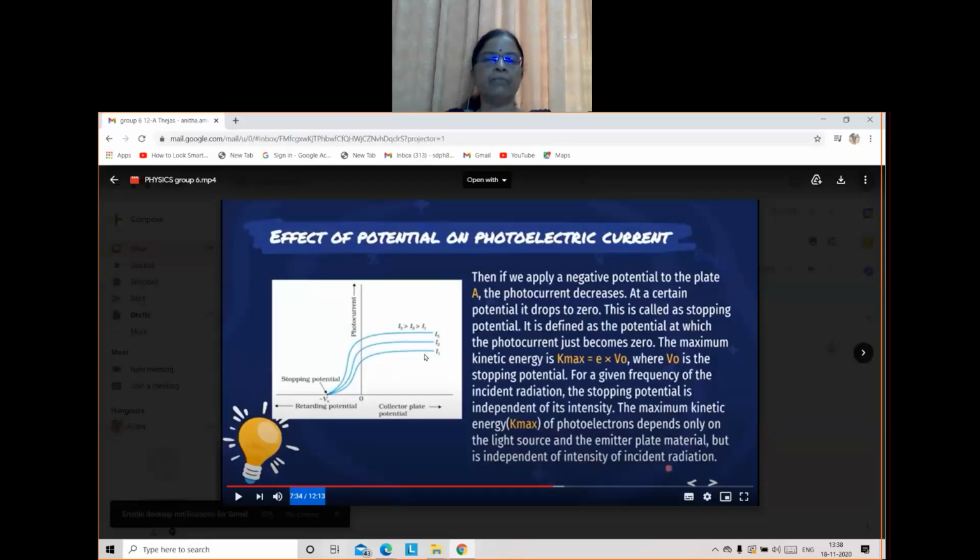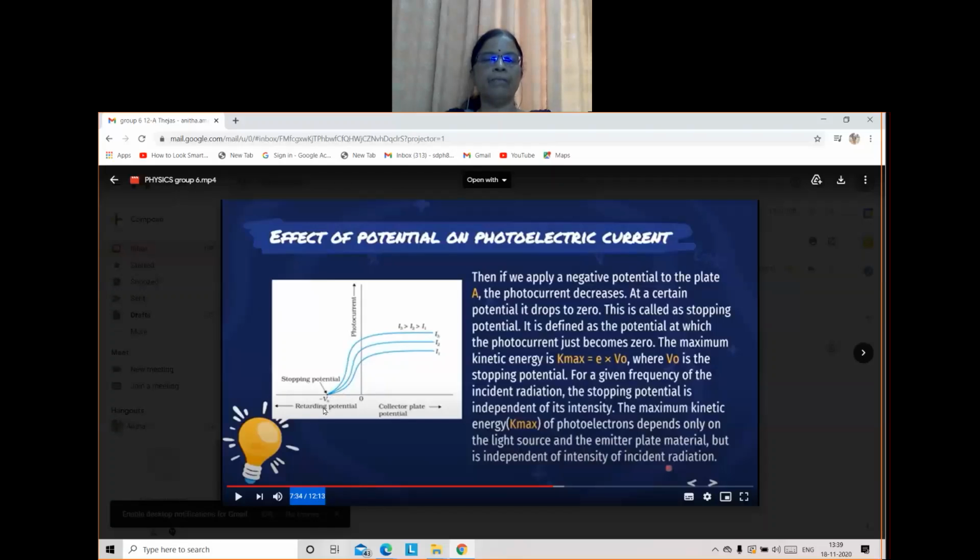So first we study with the intensity I1. Now the reverse potential needed is V0. V0 is the negative potential. This side is positive potential, and this left side is the negative potential. This is the origin, and here we get the photoelectric current. For I1, we reverse the potential to make the photoelectric current zero.